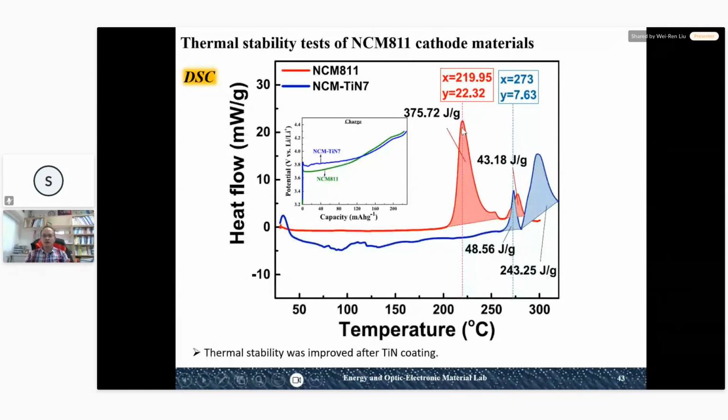At 240 degrees Celsius a dramatic peak is shown here. But after the titanium nitride coating, you can see the peak area reduced a lot. Also, the reaction is extended to 218 degrees Celsius. So it means that the thermal stability is improved and enhanced after the titanium nitride coating.